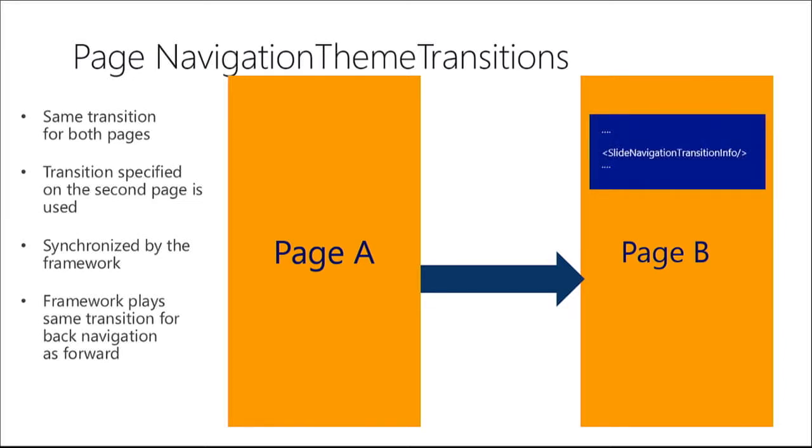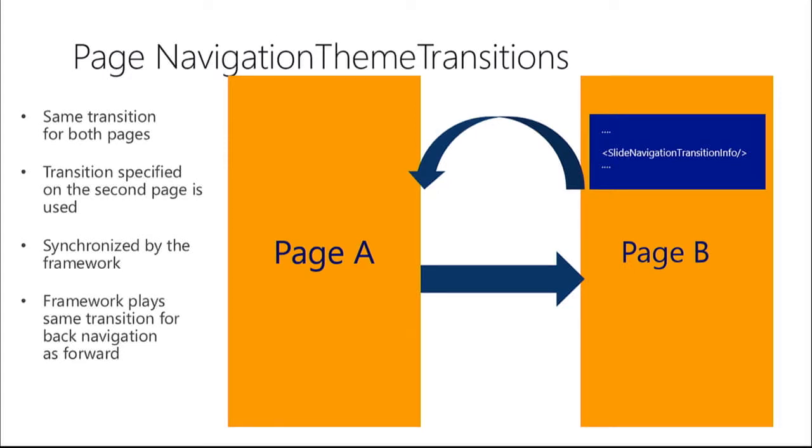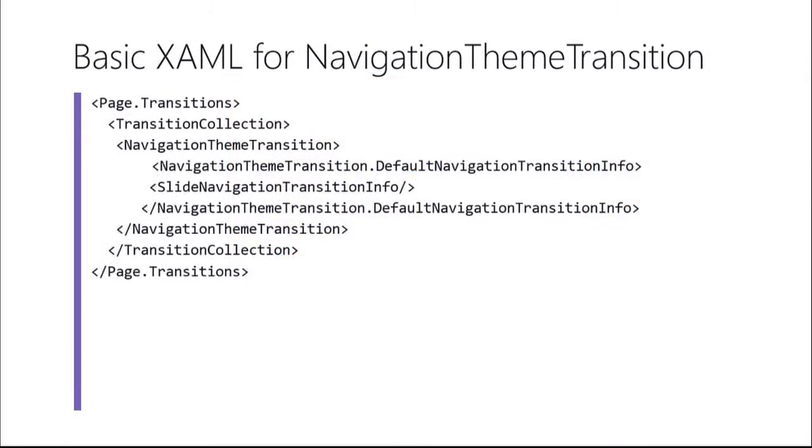So let's say on page B I say, hey, I want to do the slide navigation transition, which I do with the same kind of code pattern except at the page level. And as I navigate to page A, I'll get that animation. And as I navigate from page B back, so I've hit the hardware back button, I'm also going to get that transition.